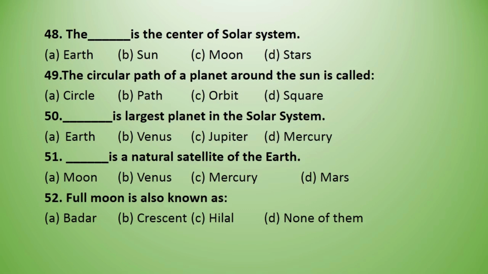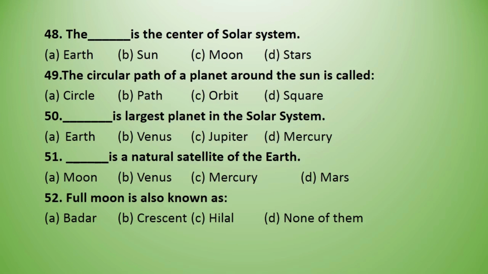Answer is B. Sun. 49. The circular path of a planet around the Sun is called A. Circle. B. Path. C. Orbit. D. Square. Answer is C. Orbit. 50. ___ is the largest planet in the solar system. A. Earth. B. Venus. C. Jupiter. D. Mercury. Answer is C. Jupiter.